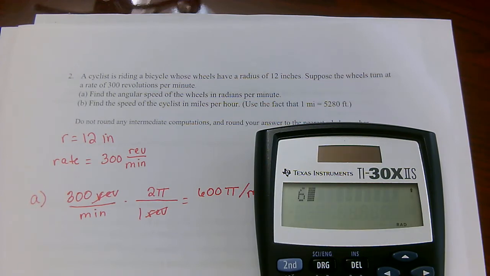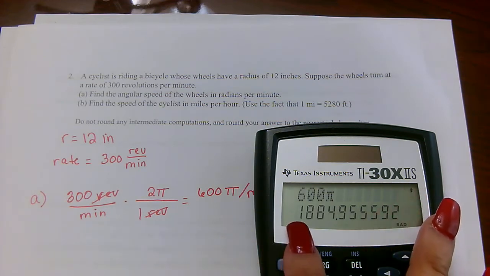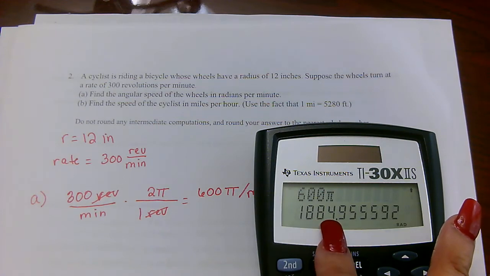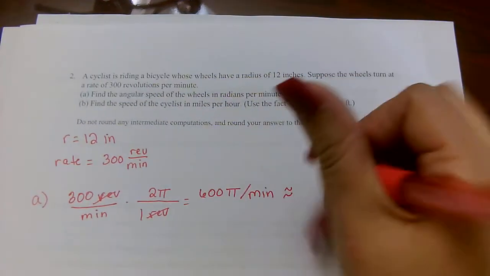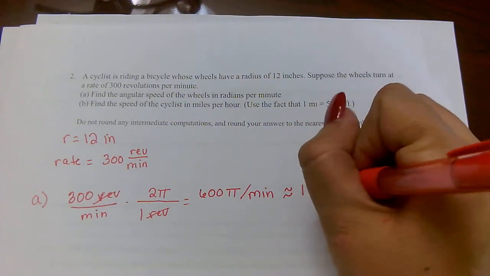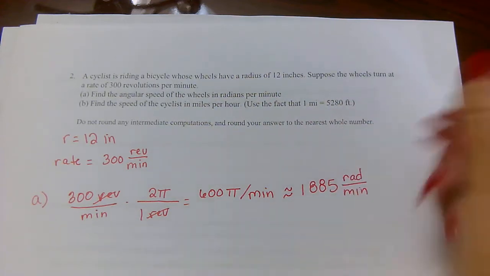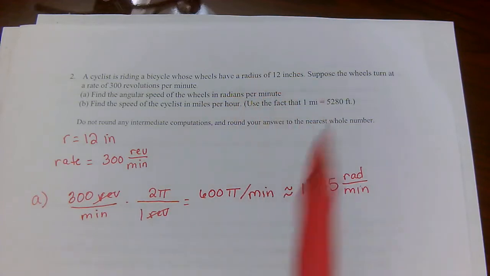Let's do 600 pi. That's going to be approximately 1,885 radians per minute, which is exactly the same unit that you have up here.